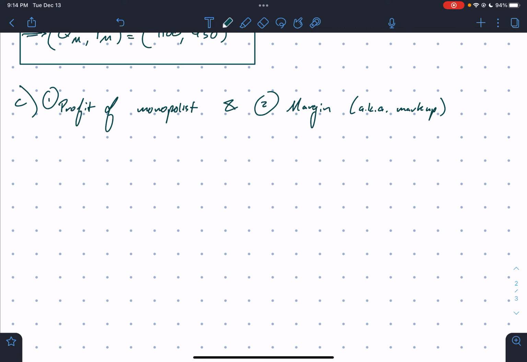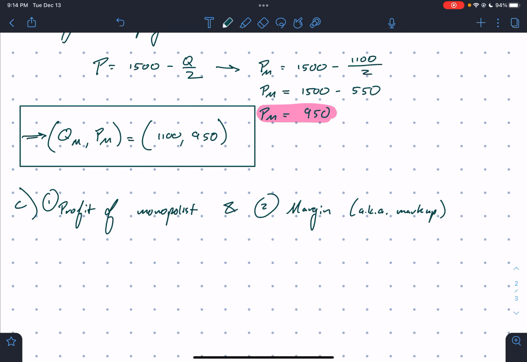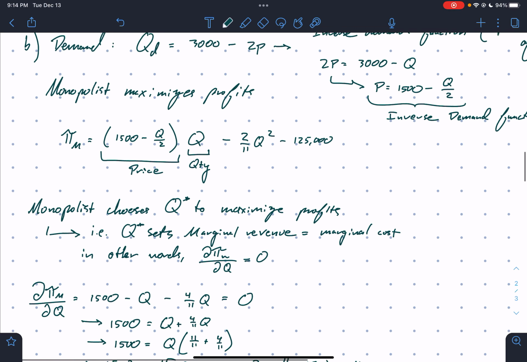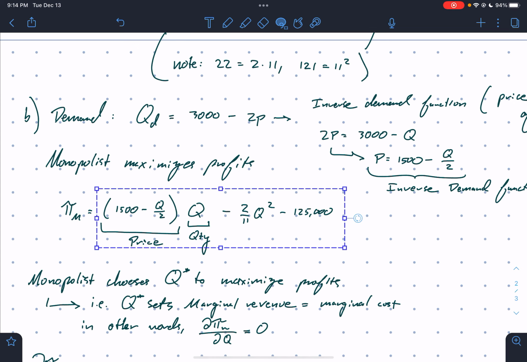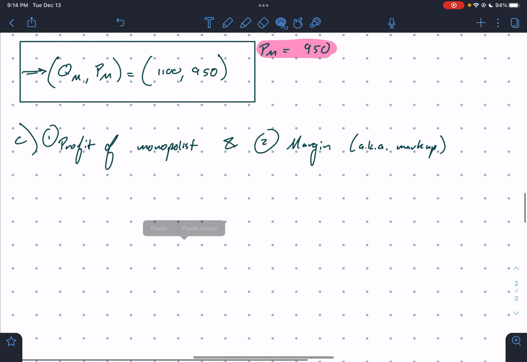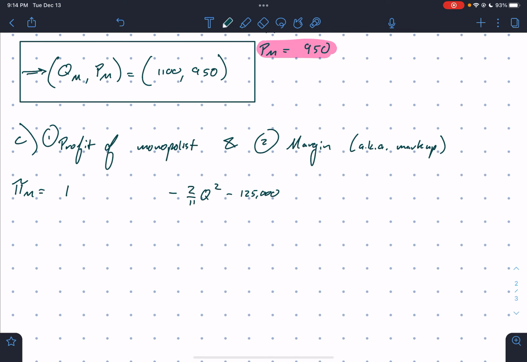Different terminologies to refer to the same thing. So what we're going to do is plug these quantities and prices into the profit function that we found up here. So I'm just going to copy this down here. And then we're going to replace, like we already computed this, so I don't need to compute it twice.